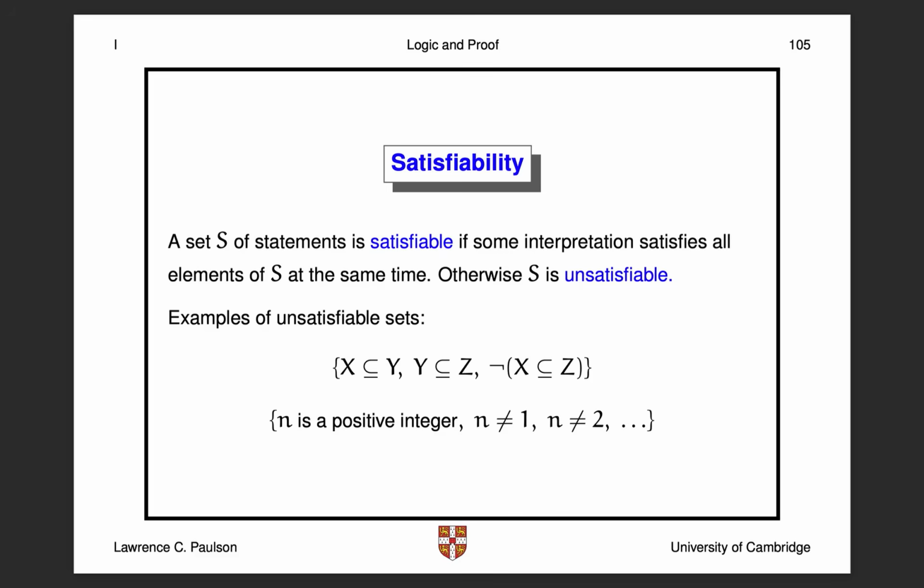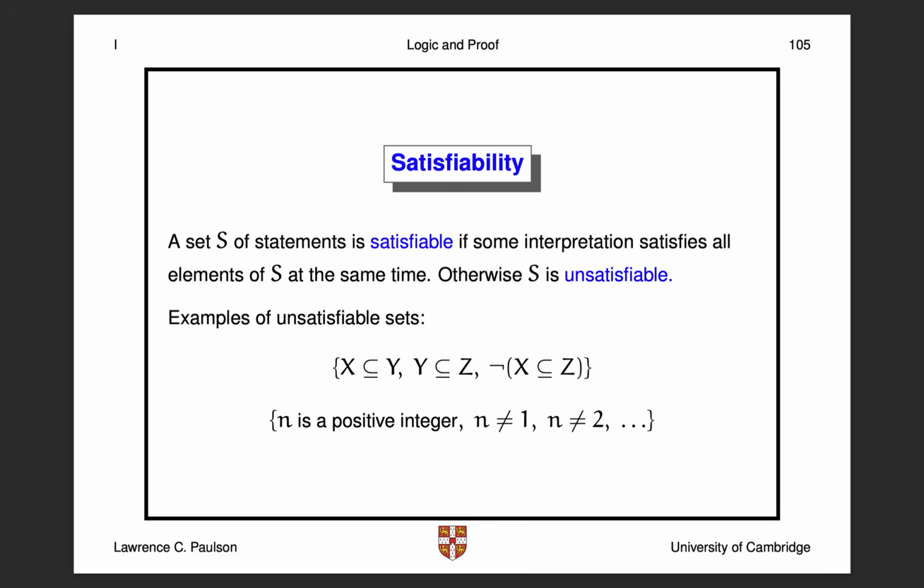So if it is possible, we call the set satisfiable, otherwise it's unsatisfiable. Now we have two examples on this slide. In the first one, we have that X is a subset of Y and Y is a subset of Z, but somehow X is not a subset of Z. That is simply impossible, so it's unsatisfiable.